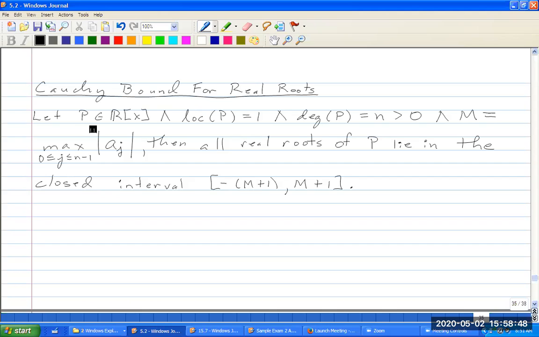Then all the real roots of p, your polynomial, lie in the closed interval from negative m plus 1 to positive m plus 1.